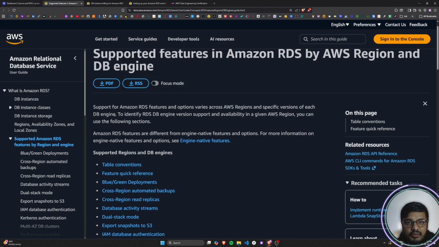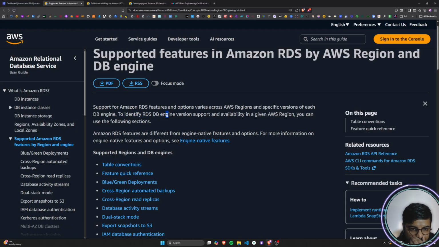Second will be which DB engine are we choosing, and the third, and I can say the most minute one, can also be which version of our DB instance are we choosing, right? And depending on these three factors, the supported features will be there for our RDS instance.